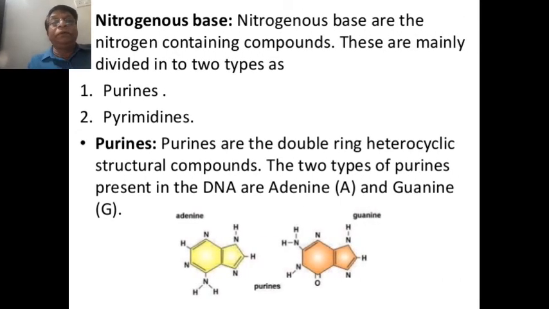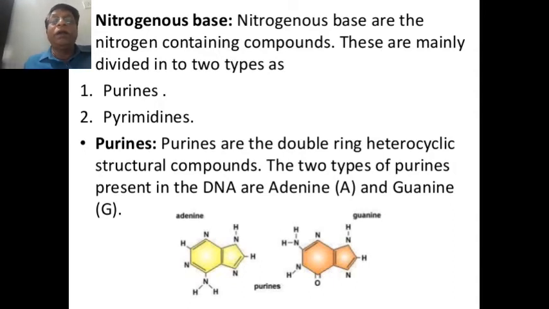Now, nitrogenous base. The nitrogenous base means nitrogen containing compounds. Nitrogenous bases are present in DNA and RNA also. The nitrogenous bases are classified into two types.